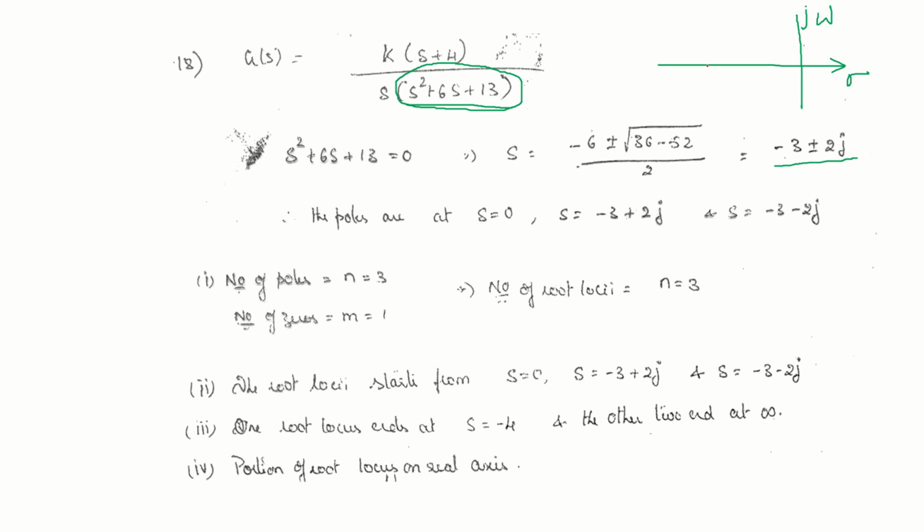there is a pole at origin. There is a pole at minus 3 plus 2j. Say minus 1, minus 2, minus 3. 1, 2. You are having here, there is a 0 at minus 4.